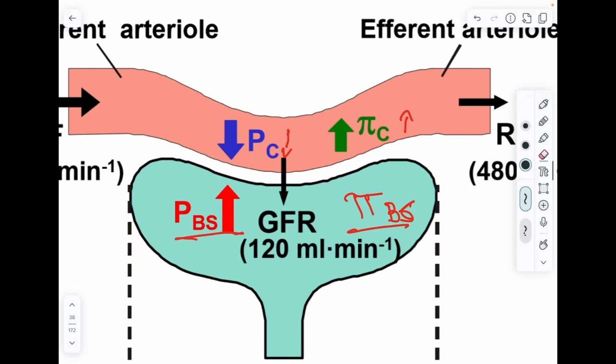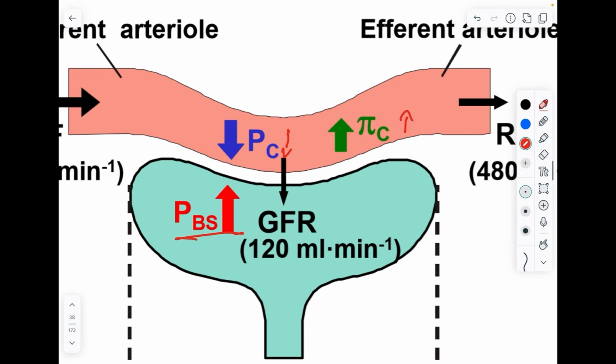This is produced by proteins, and as we said, proteins are negative, so they are hard to filter, and the main reason is that they are so big. They cannot be filtered. They are not ions, for example. So under normal physiological conditions, no pathology, we do not have colloid osmotic pressure in the Bowman space.